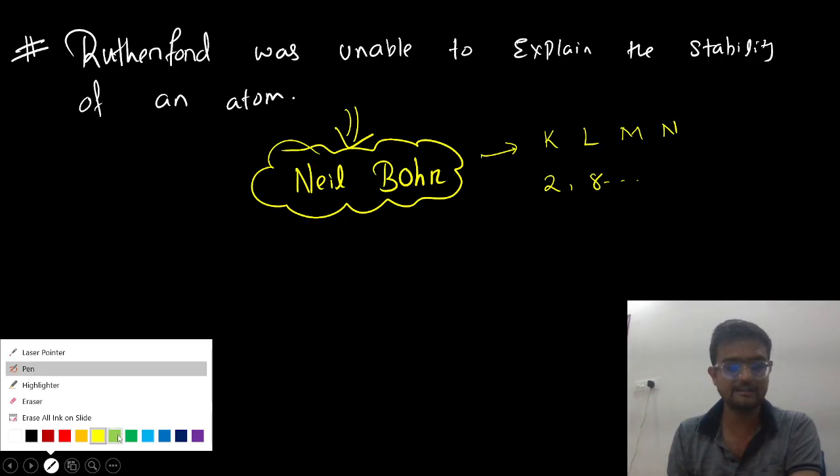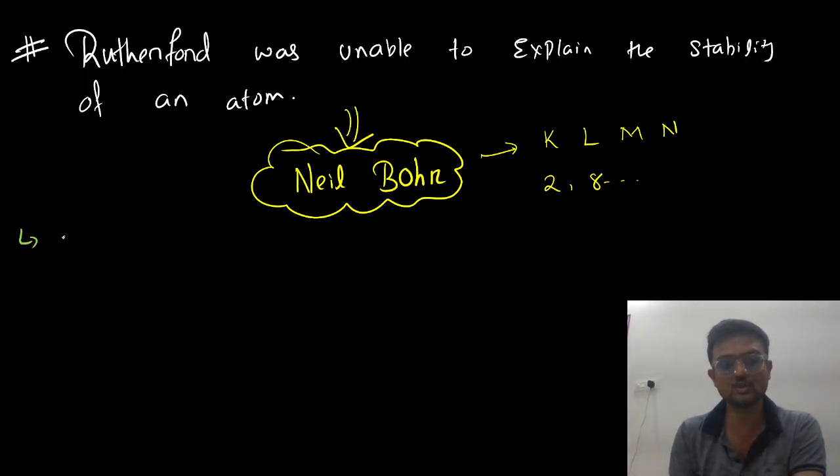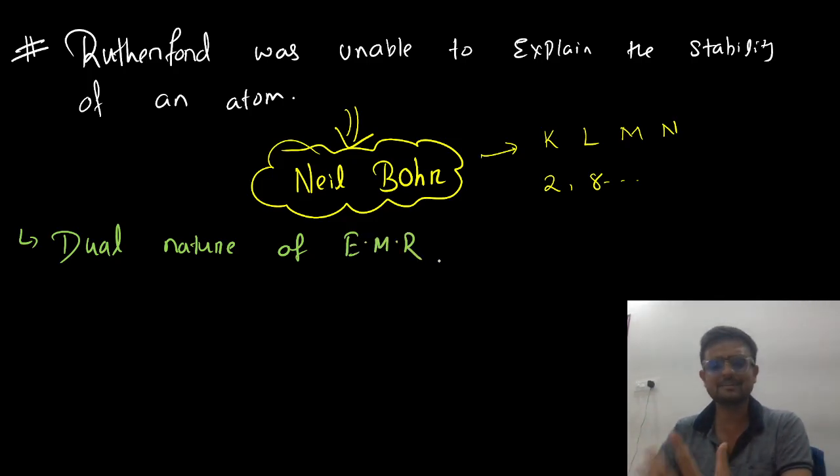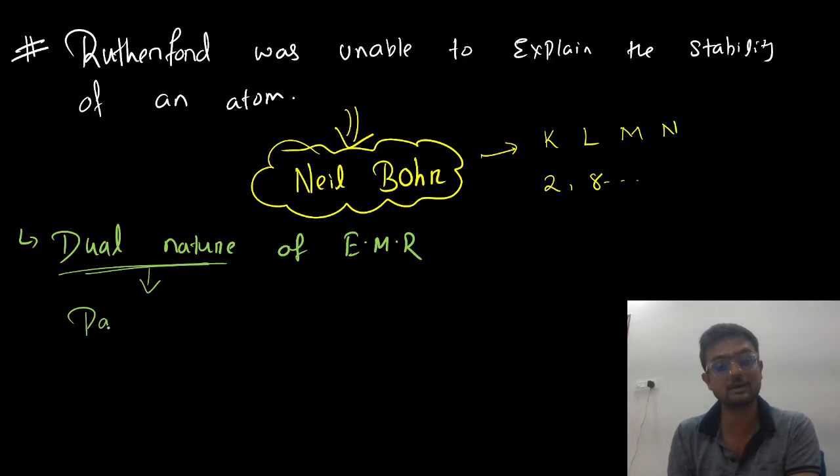The very first idea was about the dual nature of electromagnetic radiation. Electromagnetic radiation has dual nature. What is the dual nature? Dual nature means it was showing particle-like properties as well as wave-like nature.